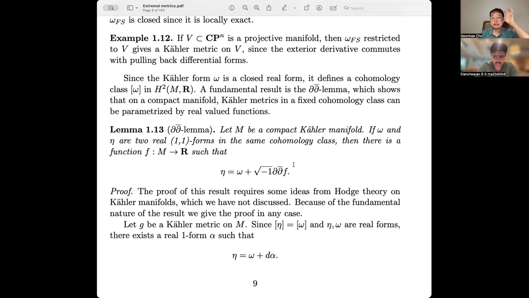Rather than writing the exterior derivative of the one-form, we are able to write it in this way, and vice versa. So this gives you the answer, right? Is compactness a necessary condition? Compactness is a necessary condition. For the non-compact cases, we only look at settings where we can do this. It's not guaranteed in general.